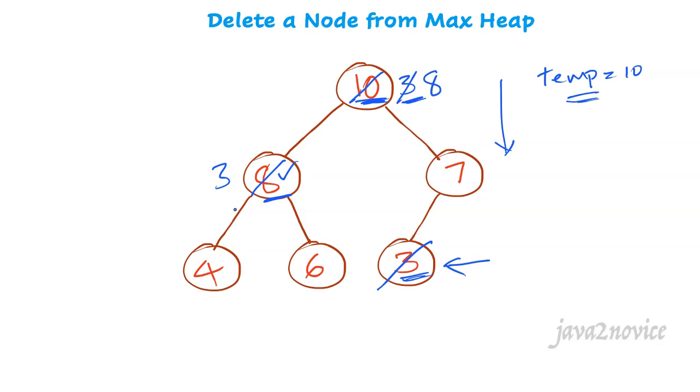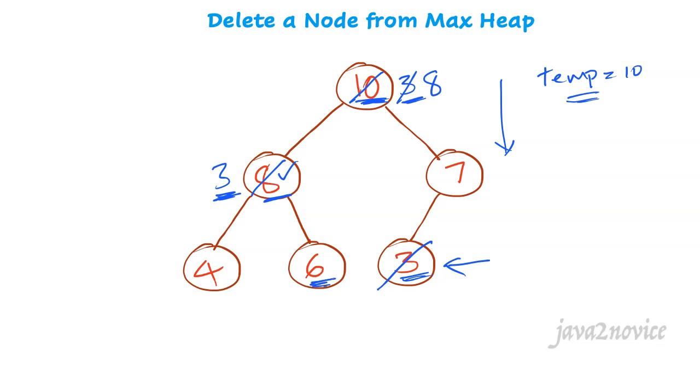We need to follow this heapification until the node satisfies the max heap property or we reach a leaf node. Let's continue. 3 will be compared with its children 4 and 6. Since 3 is less than its children, we need to swap node 3 with the maximum value of its children.